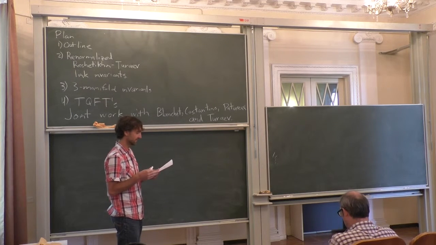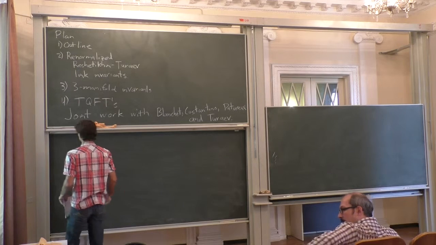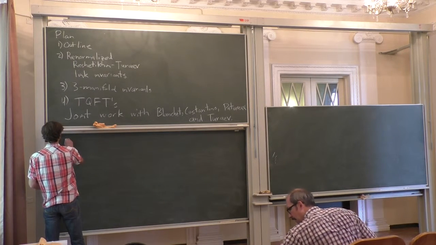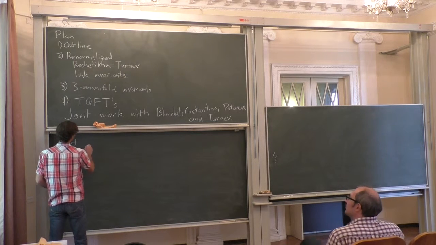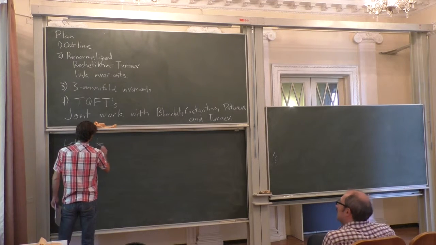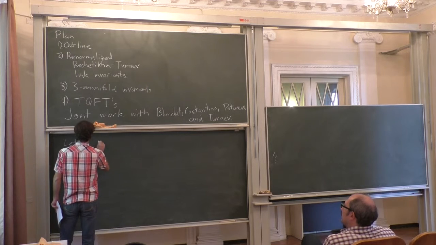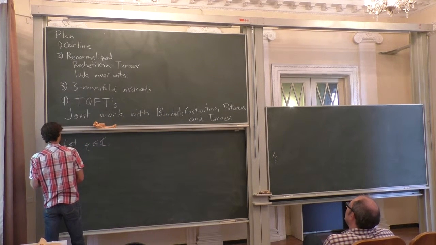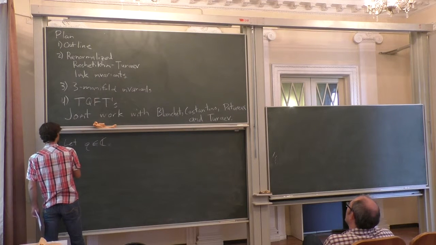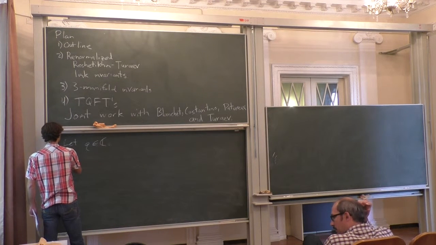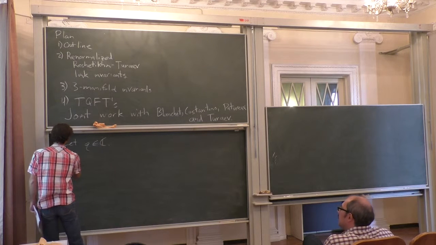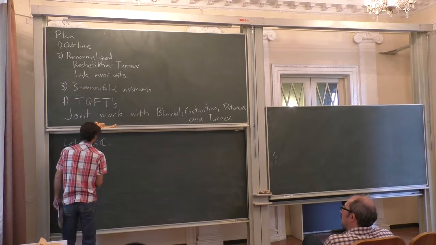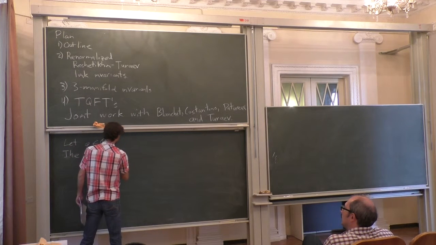So, first I just wanted to start off with a general idea. Let Q be a complex number. And the usual, you have the Reshetikhin-Turaev invariant.